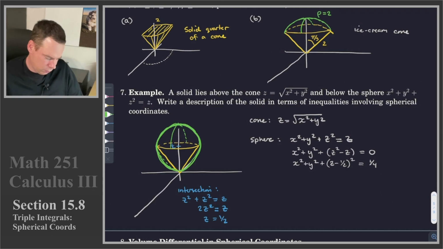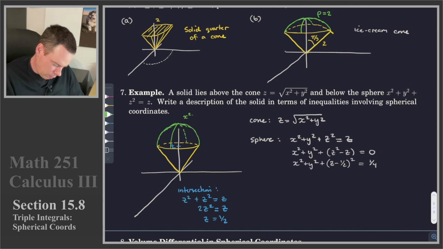So there's our full sphere, but I'll get rid of those things and just leave the portion that sits above the cone. So there's what we have. We've got our sphere, x squared plus y squared plus z squared is equal to z, and we've got our cone, z is equal to the square root of x squared plus y squared.